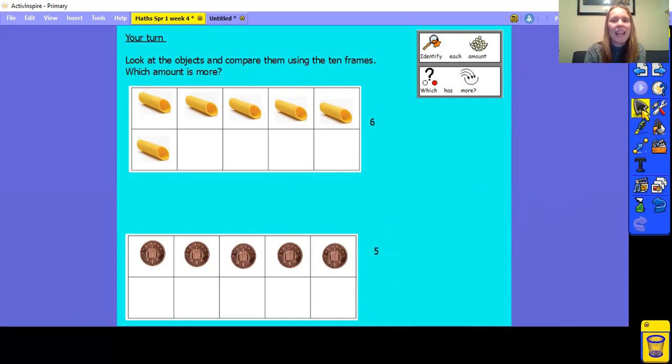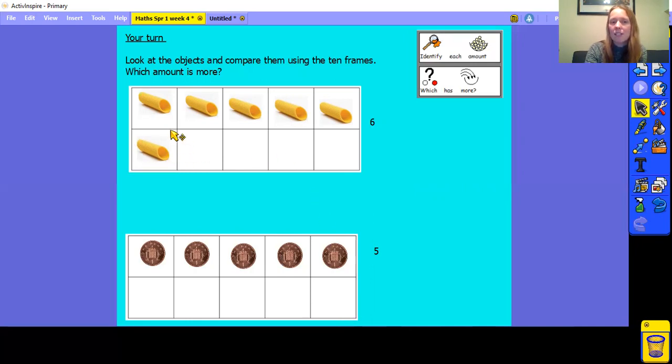Okay, now this time the amount of objects is almost the same. There's just one more in one of the groups. So which one has more? Is there more pasta or are there more pennies? That's right, there's more pasta.